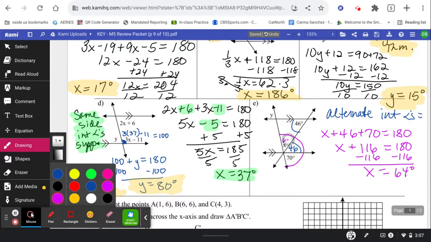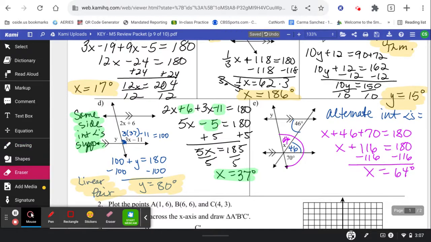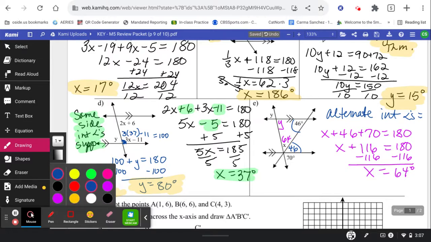So now that I know this is 64 and I've got the 46 over here and I've got this y. So let's put the 64 in here. This y is equal to this y because of vertical angles. So can't I just do triangle sum theorem? So here I go. y plus 46 plus 64 has to equal 180 by triangle sum theorem.